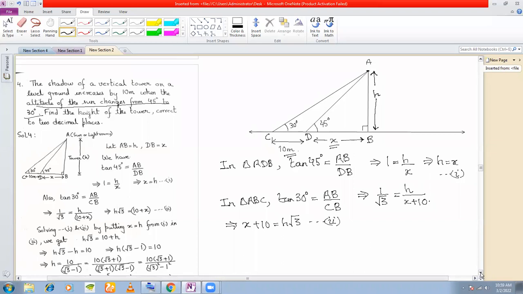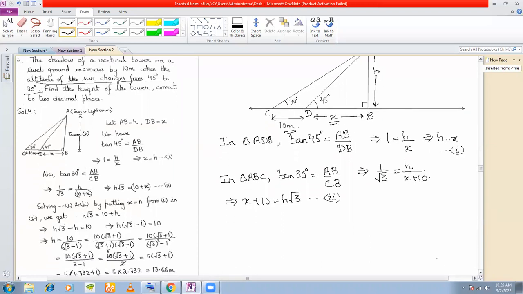Now these two are simultaneous equations, 1 and 2. We need to solve simultaneous equations 1 and 2 and find out the value of H, because we need to find the height of the tower. So from 1, putting X is equal to H in 2, we get H plus 10 is equal to H root 3, right?